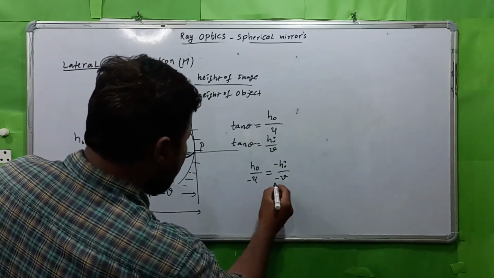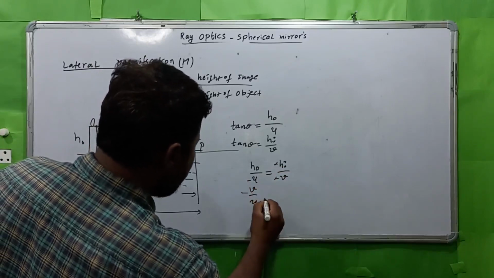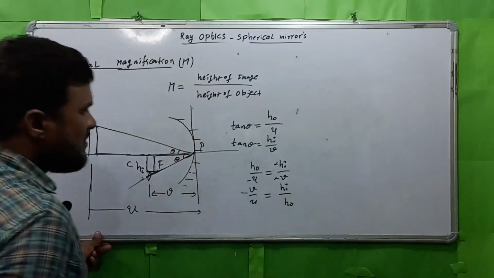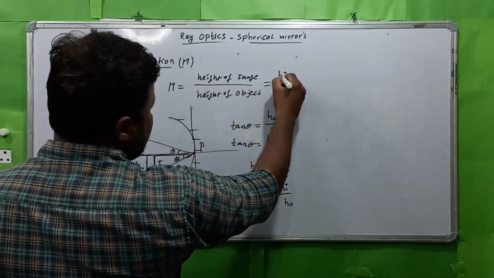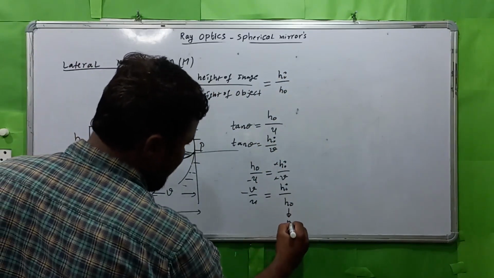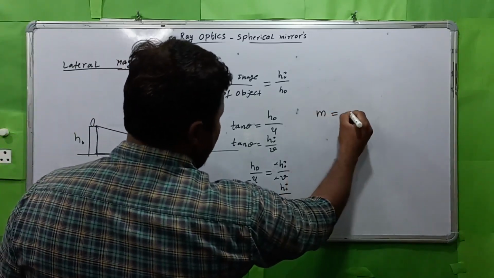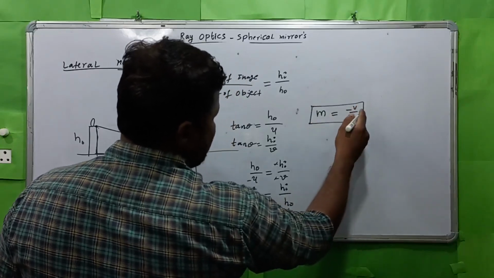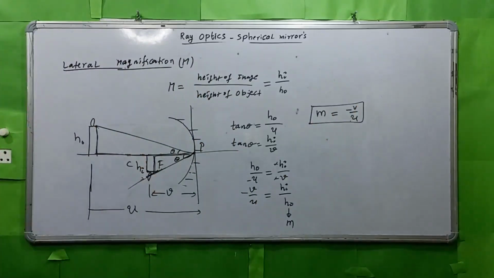So finally, v by u becomes minus h_i by h_o. Further, by the definition of magnification, the height of the image by the height of the object, h_i by h_o, is nothing but the magnification. Now substituting, m is equal to minus v by u. This is the magnification formula in the case of spherical mirrors.